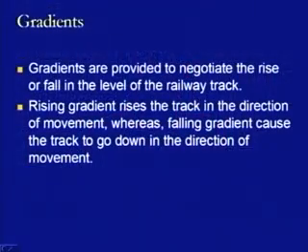So, there can be a rising gradient or a falling gradient connecting two points on any railway track. The rising gradient raises the track in the direction of movement, whereas the falling gradient causes the track to go down in the direction of the movement. So, this is how any rising or falling gradient is defined.